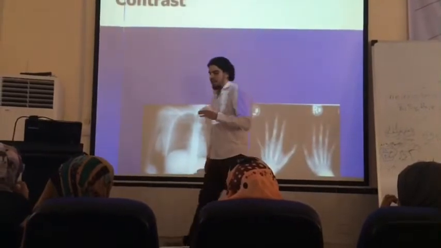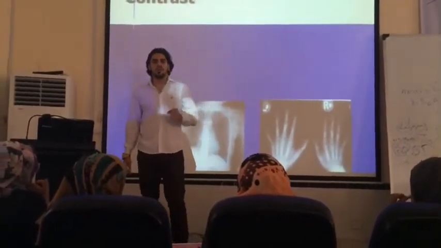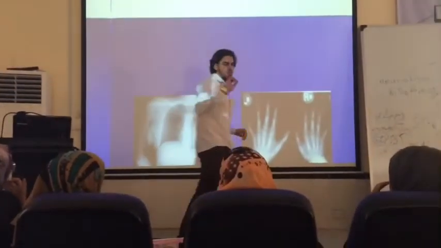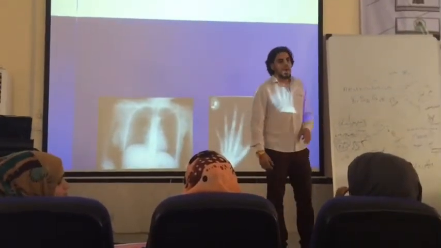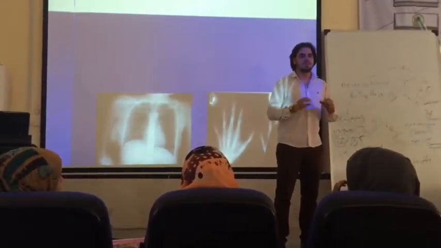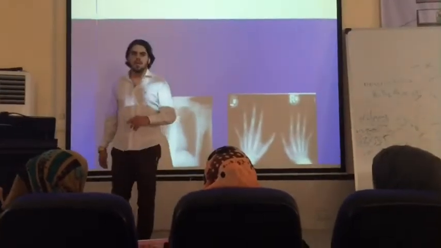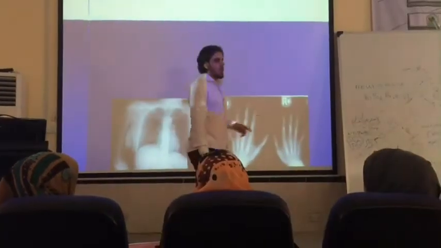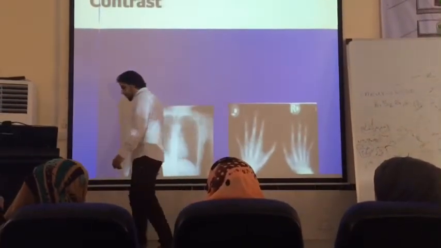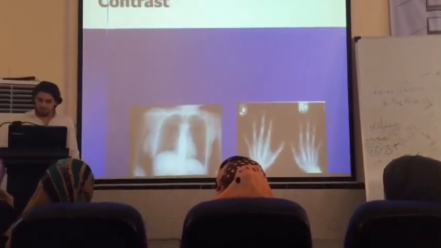The administration of the contrast agent is through an organ or a tissue. It makes that tissue or organ more distinguishable and easier to diagnose, for tumors and maybe injuries in other parts of the body. So this is one use of contrast agent.